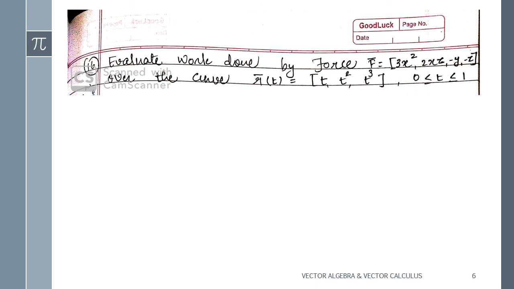Okay, in 3 dimensions only, because you can see the equation here r bar is given, that is in 3D, t square and t cube. Okay, so the fourth component that is coming here will be 0 only.